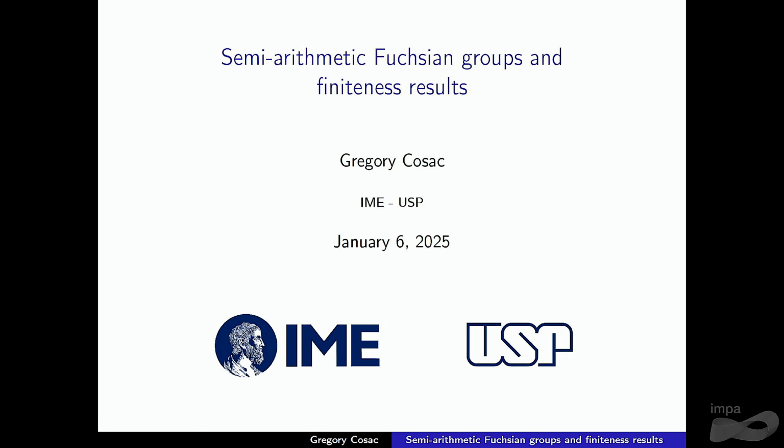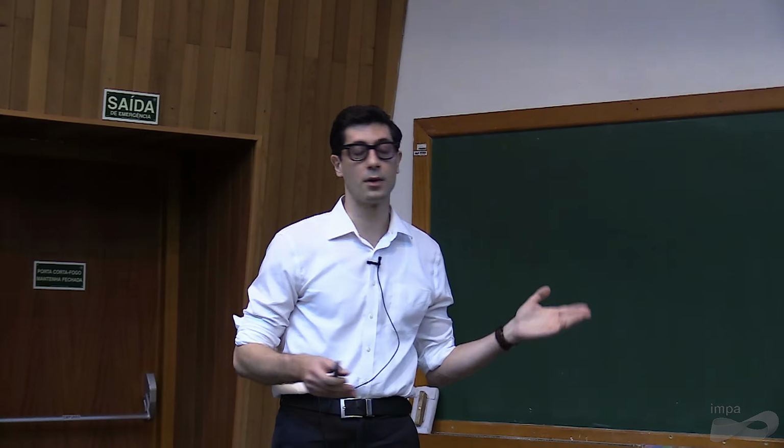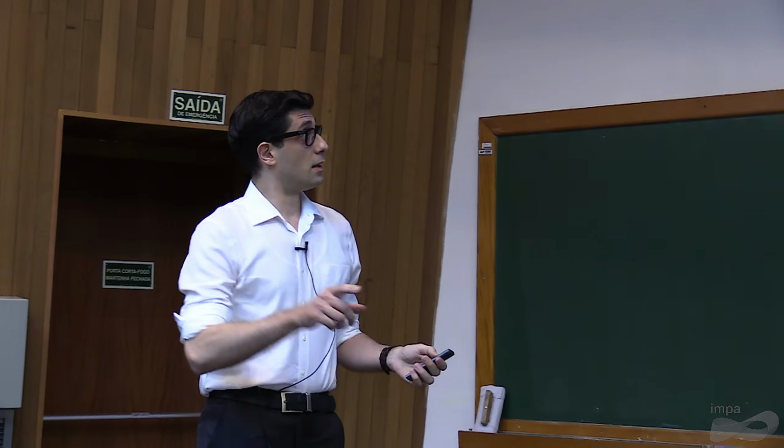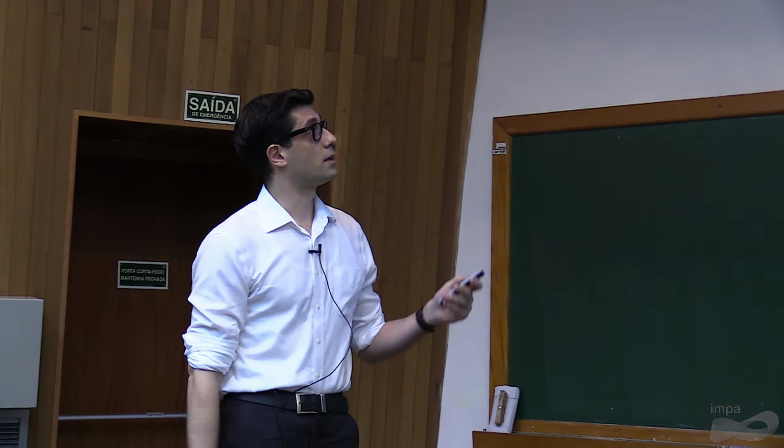And so my goal is to define these objects, maybe say a couple of things that we know about these, and the hardest of all, to try to motivate a little bit as to why one would want to look into these things. Let me start with that last part.